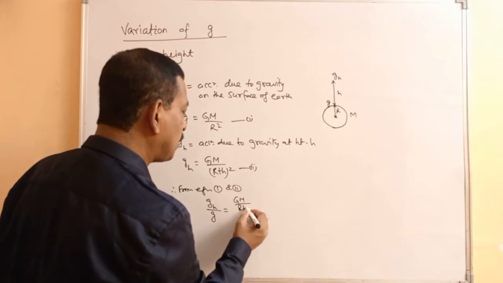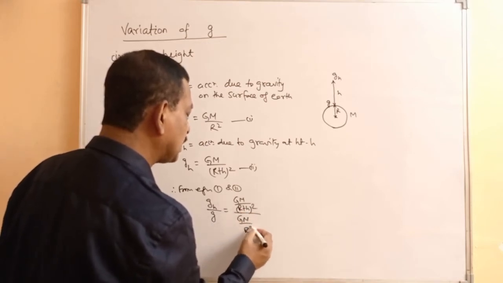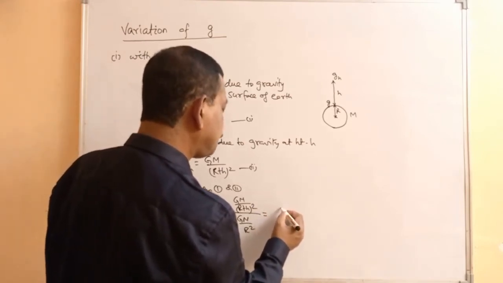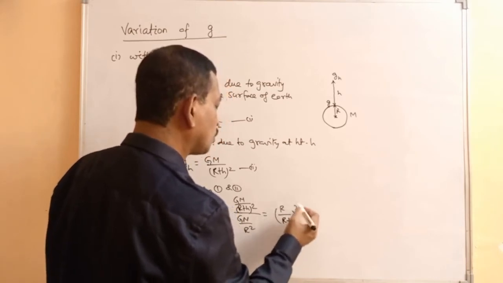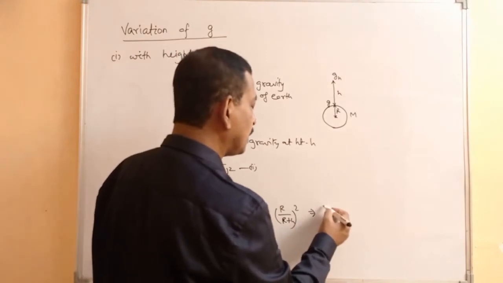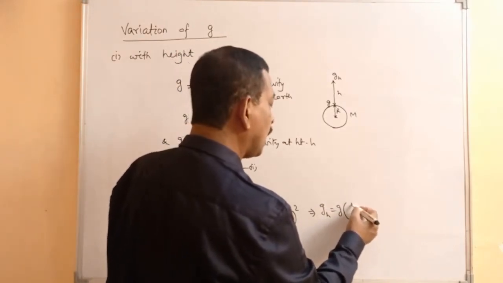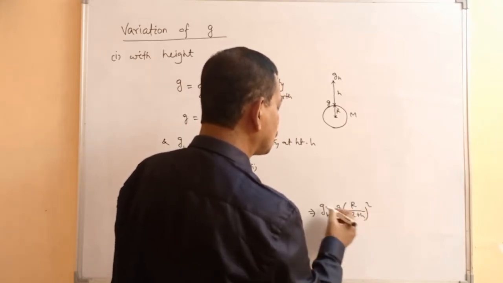GM by (r plus h) whole square divided by GM by r square, and this indicates that it will be equal to (r by r plus h) whole square. So with that we can get that gh is g into (r by r plus h) whole square.